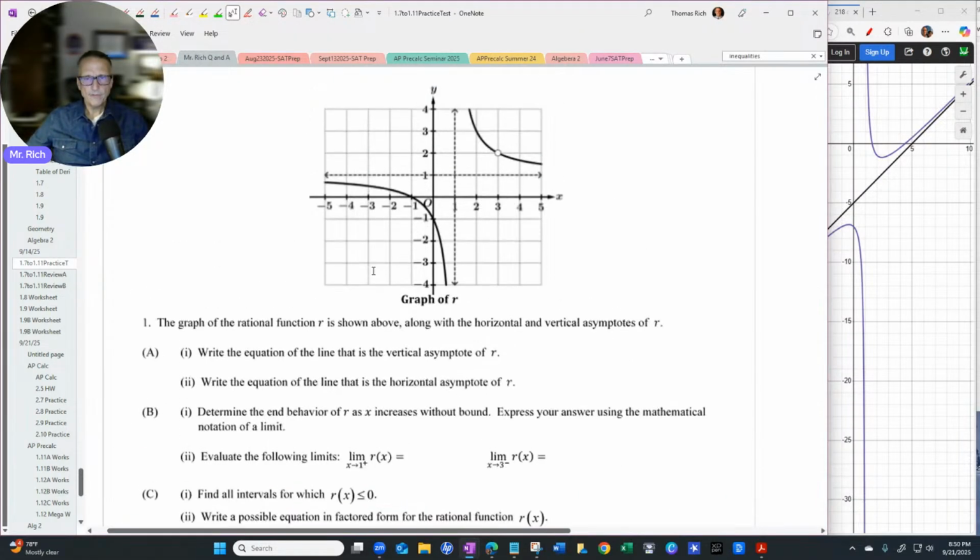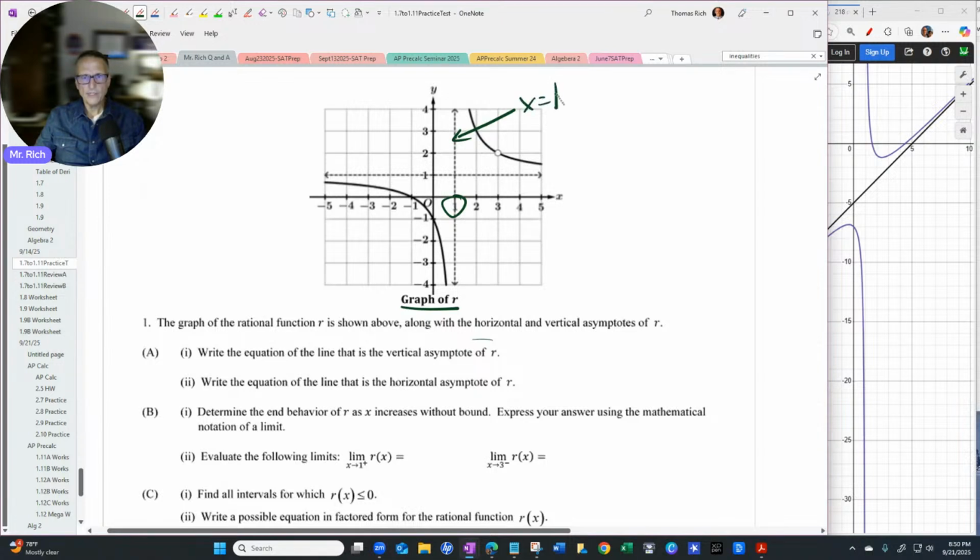Well, they give us the graph of a rational function. It's called R, the graph of R. And it does have a horizontal asymptote there, and it has a vertical asymptote. And it says, write the equation of the line that is the vertical asymptote for function R, and then write the equation of the line that's a horizontal asymptote. Well, when we say there's a vertical asymptote at 1, that line itself is x equals 1.